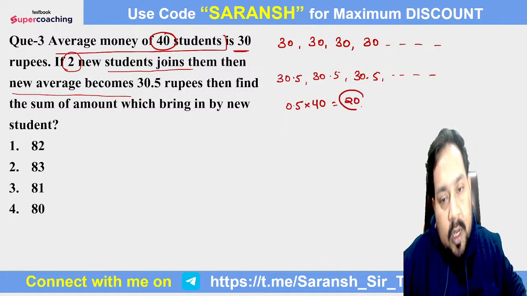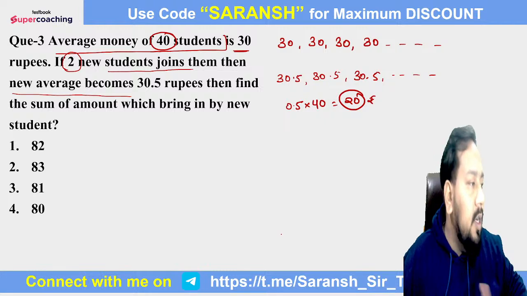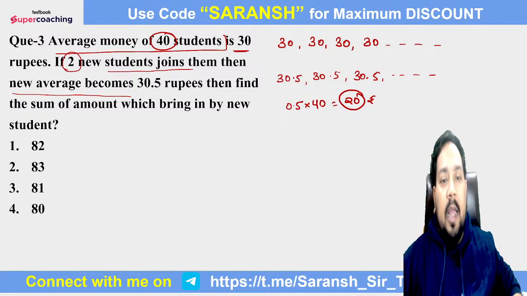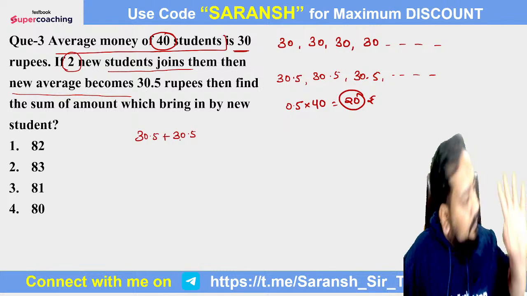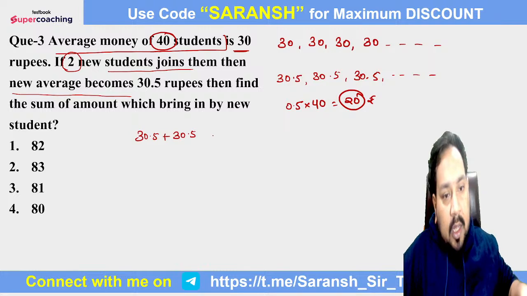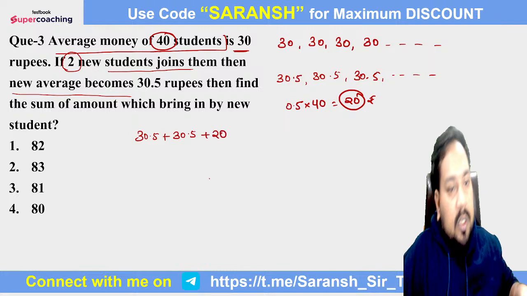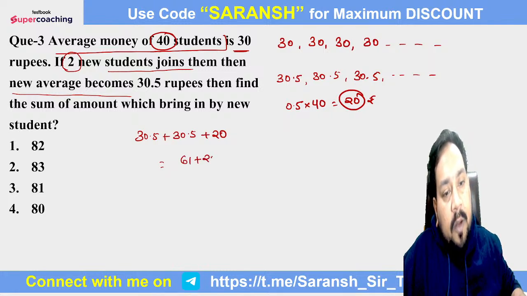That means 20 rupees were distributed, and 30.5 the first student and 30.5 the second student have. So 61 plus 20, that is 81.